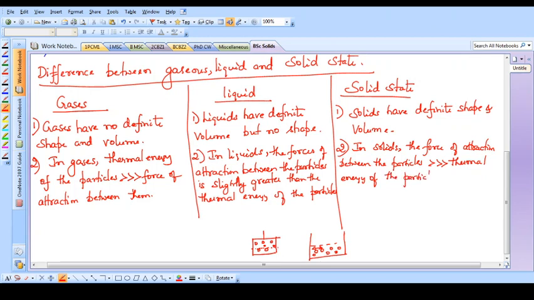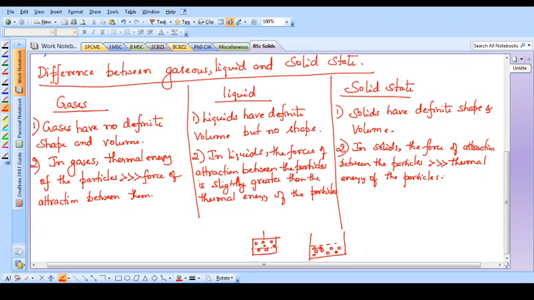So in solids the particles have very less kinetic energy, so they cannot move from their position. They are almost fixed to a particular point, and because there is a large force of attraction between the particles when compared to the thermal energy, solids have a very rigid shape as well as volume.